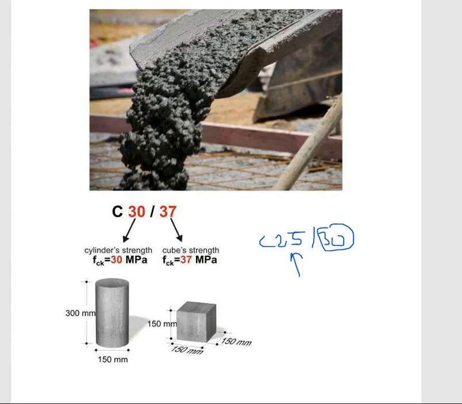Common strength classes in buildings. In buildings, we use strength classes like grade 25/30, grade 20/25, grade 30/37, grade 35/45. For small residential work, we can use grade 20/25 or grade 25/30, which is common.